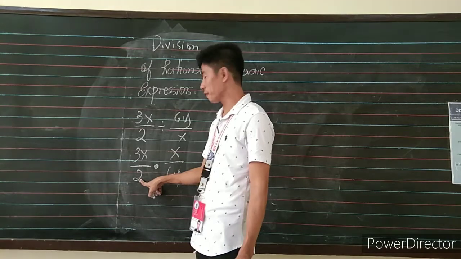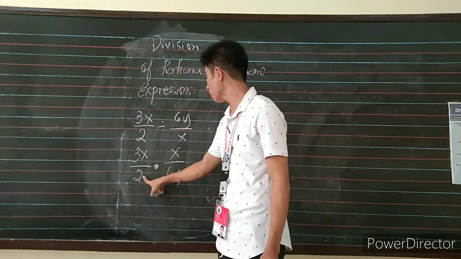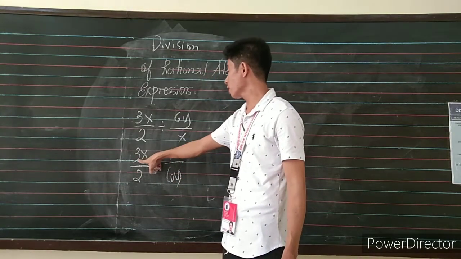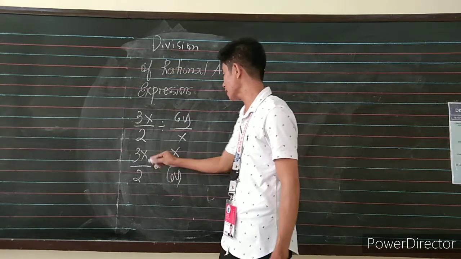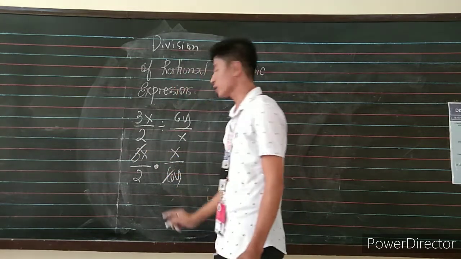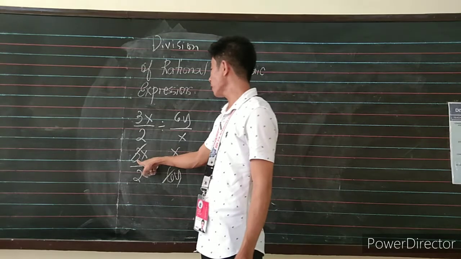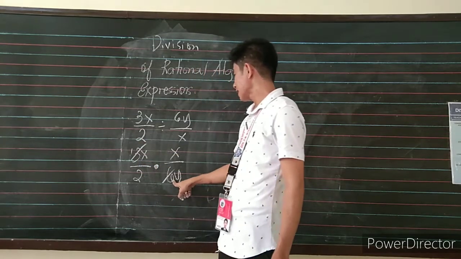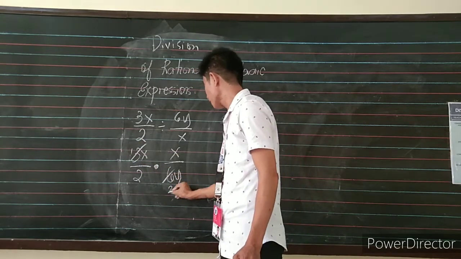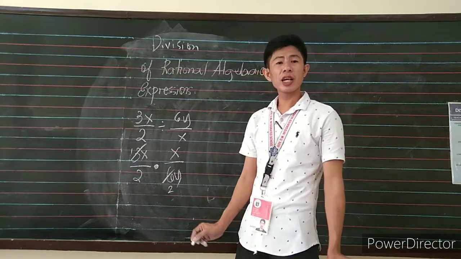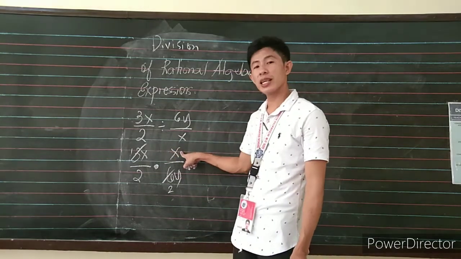There is no common factor, but there is 3 and 6. So cancel out 3 and 6. 3 divided by 3 is 1. 6 divided by 3 is 2. Sir, can we cancel x and x here?